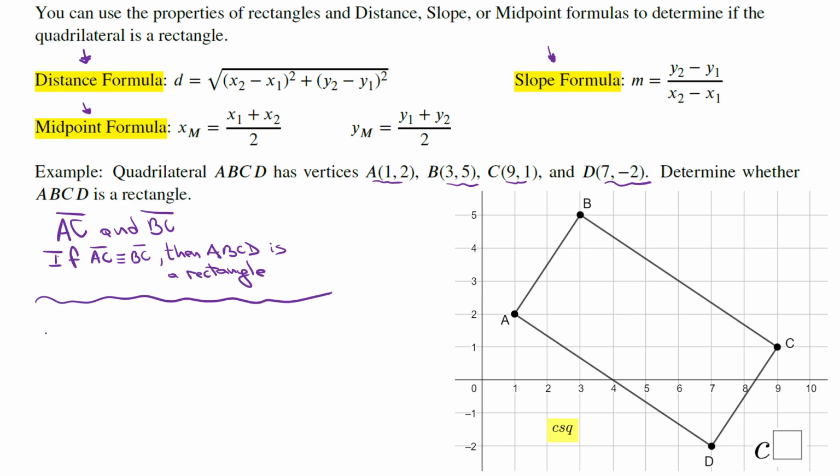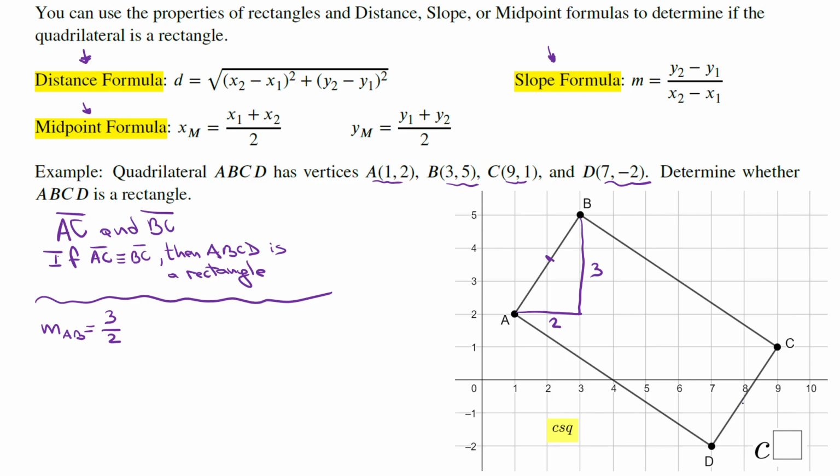I'm going to look at the slope of AB, for example. We're going to start with AB, this side. And this one we can count, right? Do you notice we have this rise of 3, run of 2. The line goes up from left to right, so it's positive 3/2.